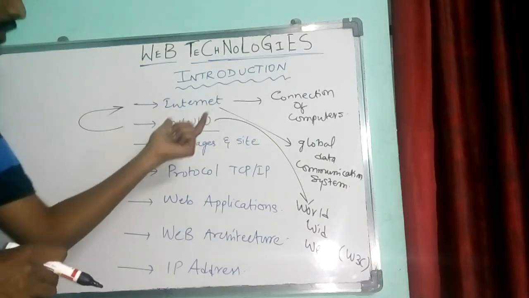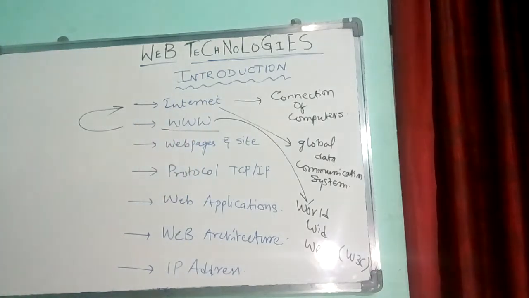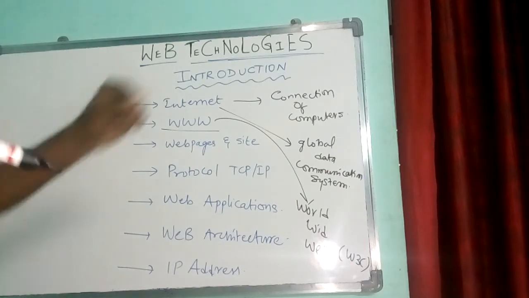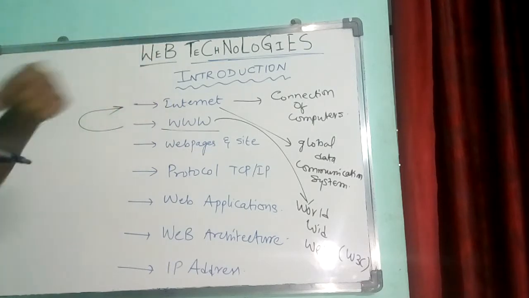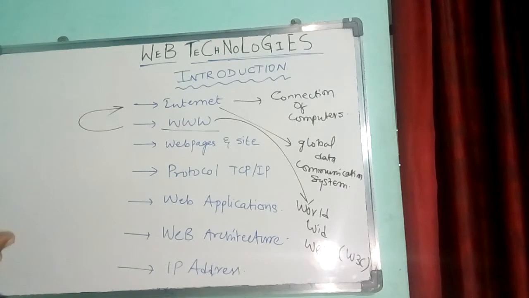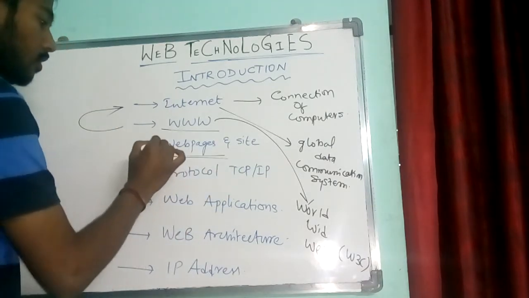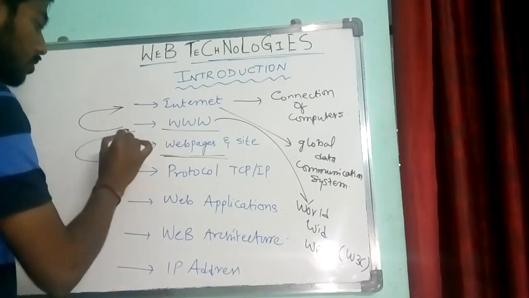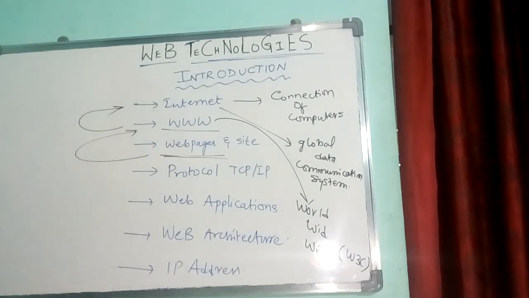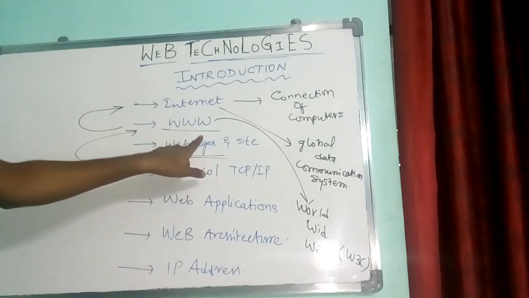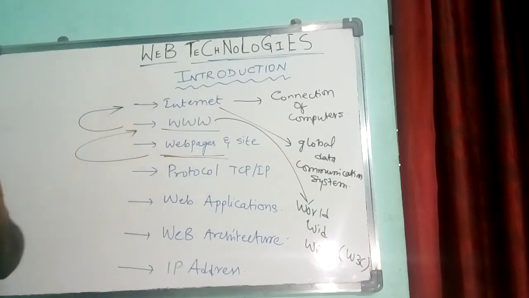Now www and internet are over. Next comes web pages. What are web pages? To access the information from the internet, we need some resource again. Those resources are called web pages, a helping hand for www to retrieve the information from the internet.